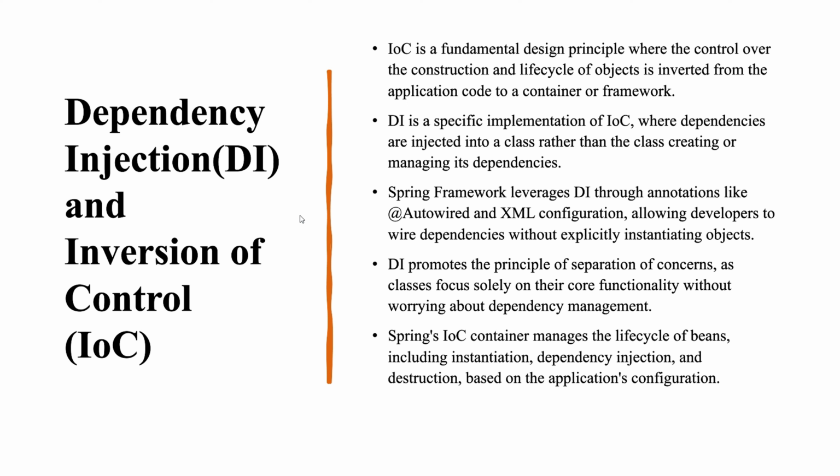And repository, another specialization of component, used to annotate classes representing data access objects or repository components for data access. These three are some. On my website I posted almost 70 plus annotations with some description, so that you will understand what all annotations are used. And I will show you.